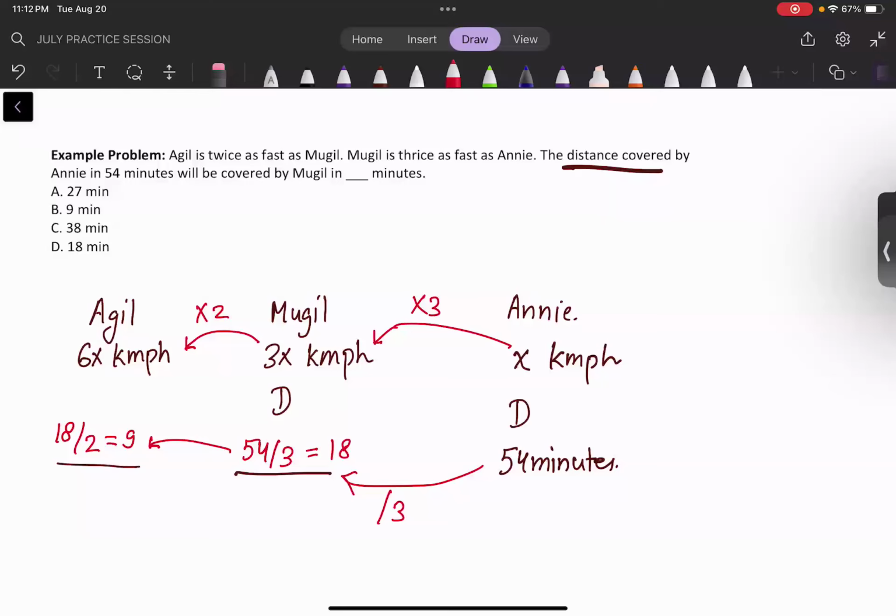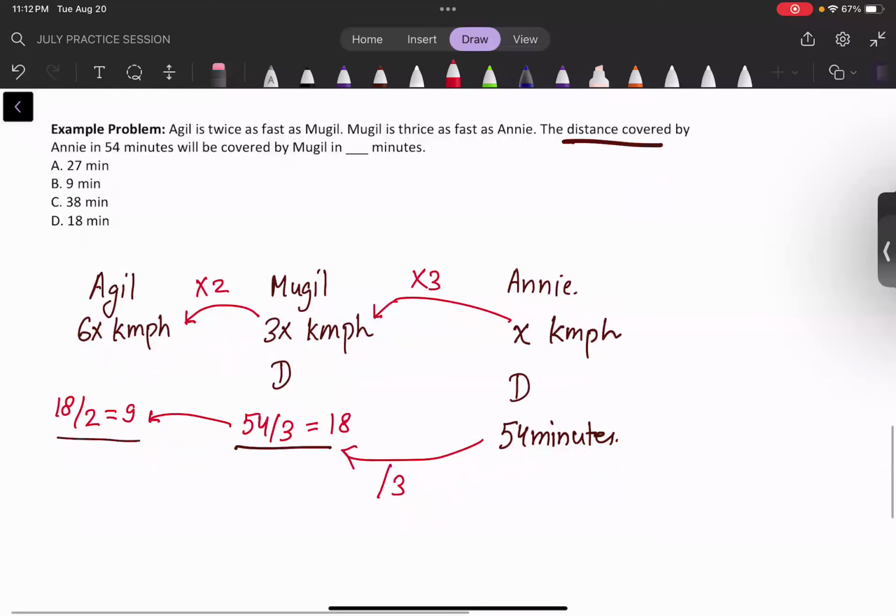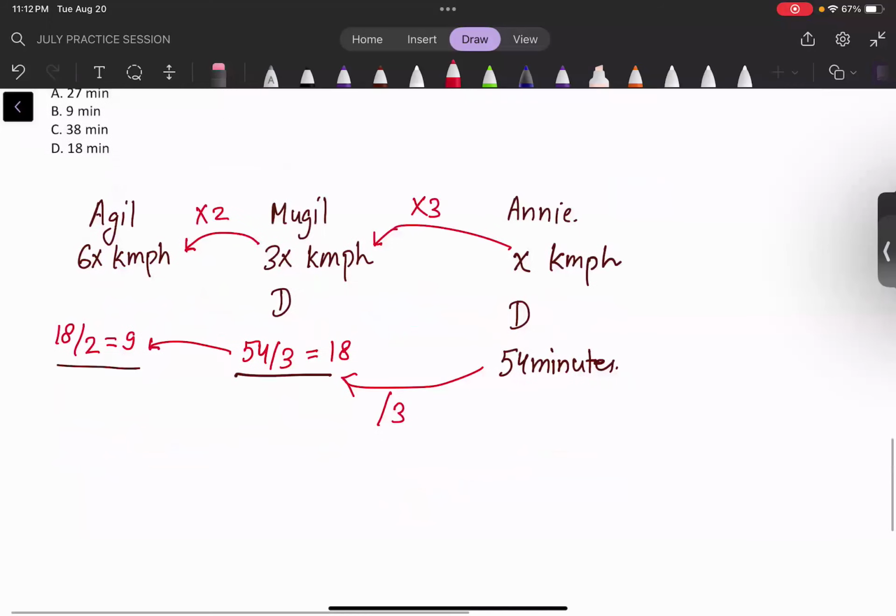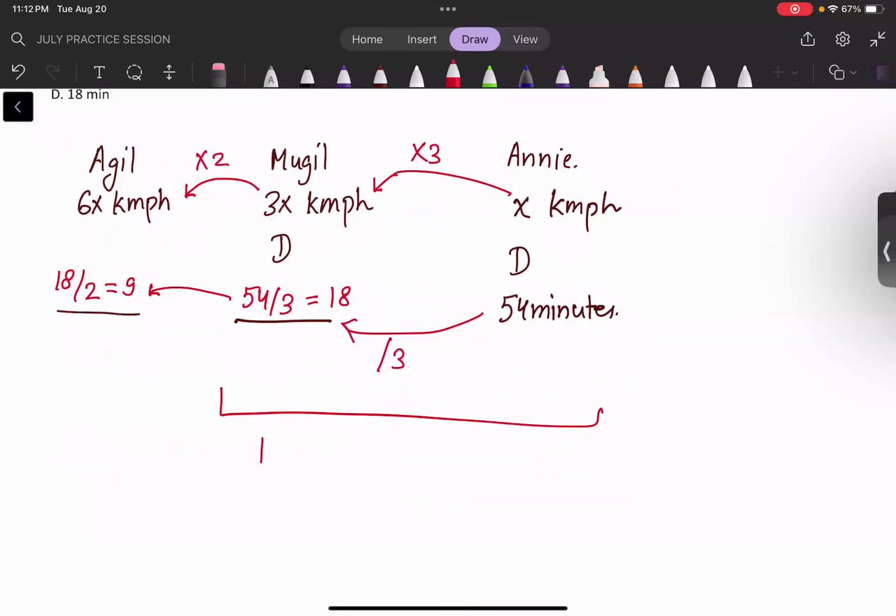Is this point clear or not? Carefully answer. I can apply the formula also, if you want, I can do it. S1 by S2 equals T2 by T1. Okay. The number 1 values are for Mughal. Suppose number 2 values are for Annie.